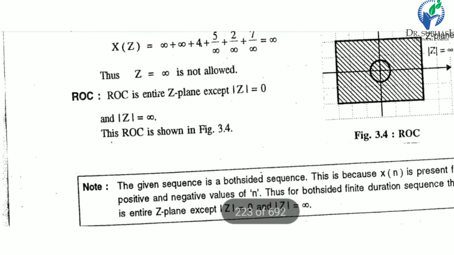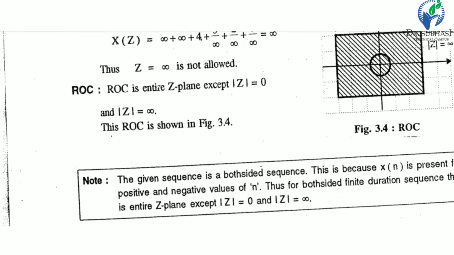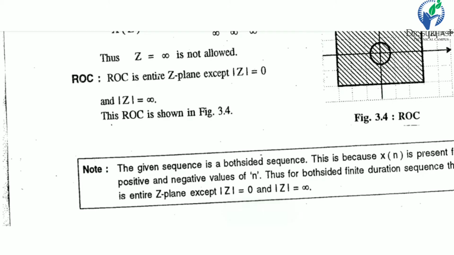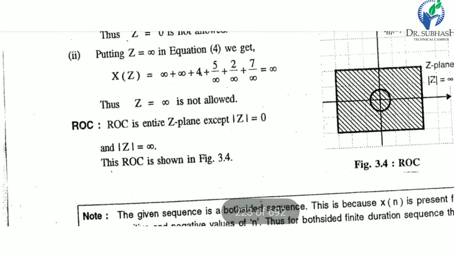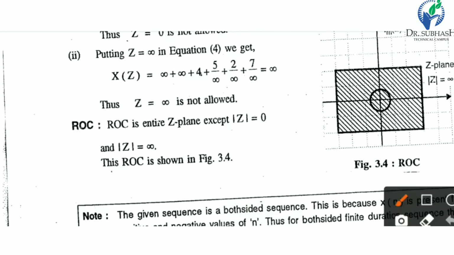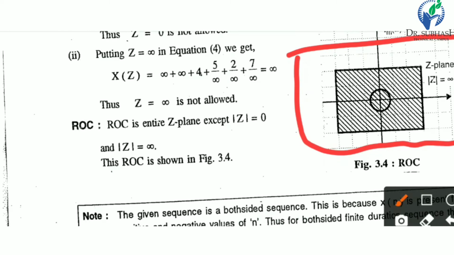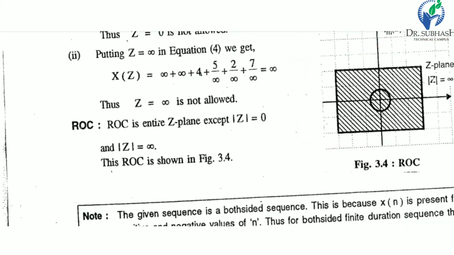So ROC is the entire z plane except mod z equal to 0 and mod z equal to infinity. So in the plot, the ROC is the entire z plane but not near the origin and outside of infinity.